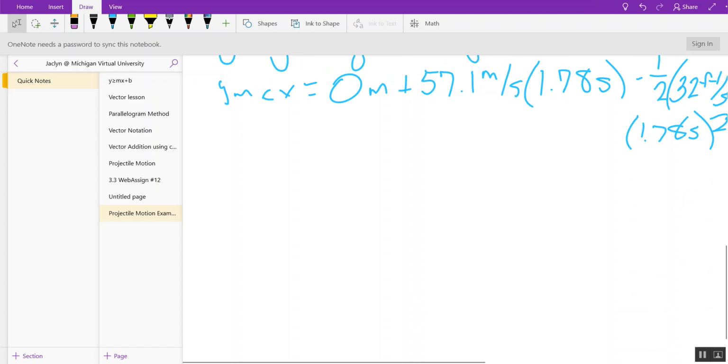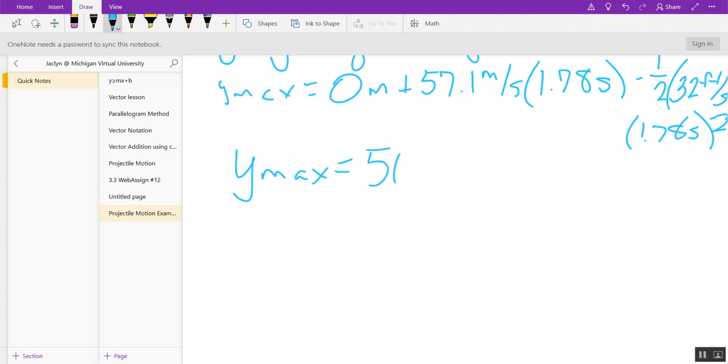Scroll down, solve. Y max is then equal to 50.9 feet. Okay?